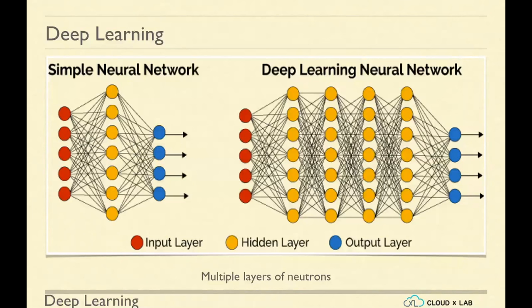Question from Naveen is that in the right diagram, shouldn't there be a connection between all of the top nodes in the hidden layer? Okay, these ones.